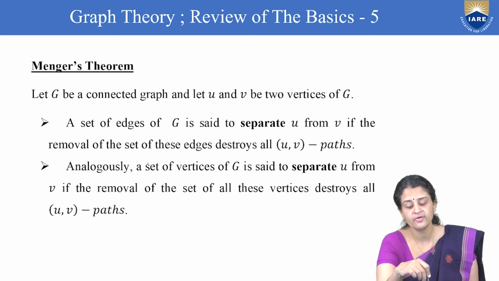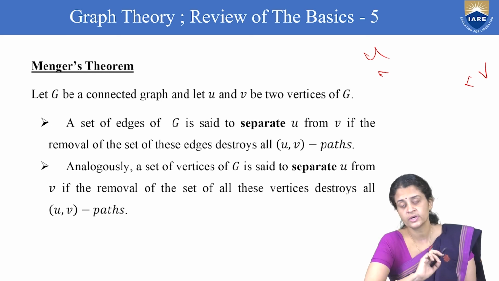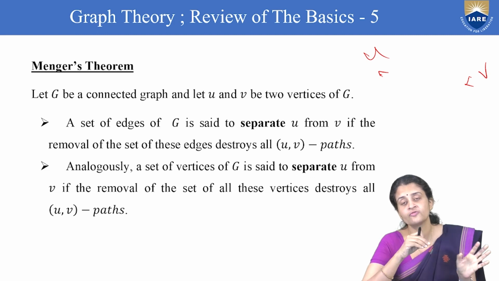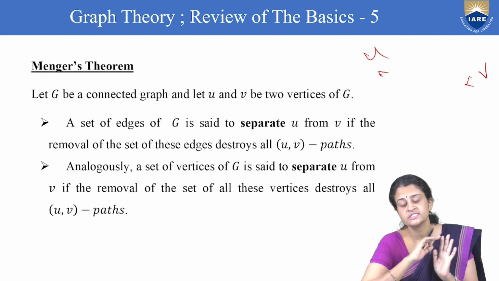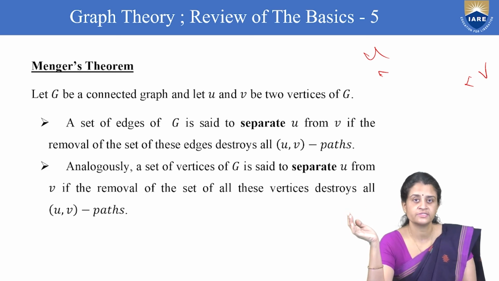That is, if we remove all the paths between U and V, then the set of edges is said to separate U and V. Logically, a set of vertices is said to separate U and V if the removal of these vertices disconnects all the UV paths. So we have edge separation and vertex separation.